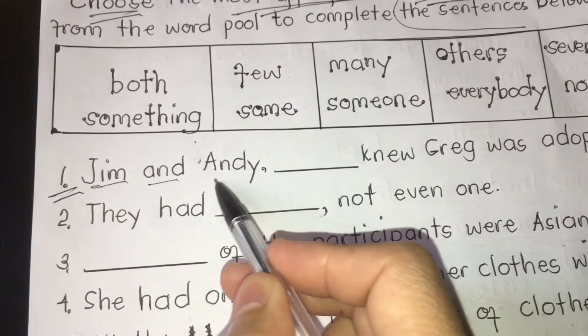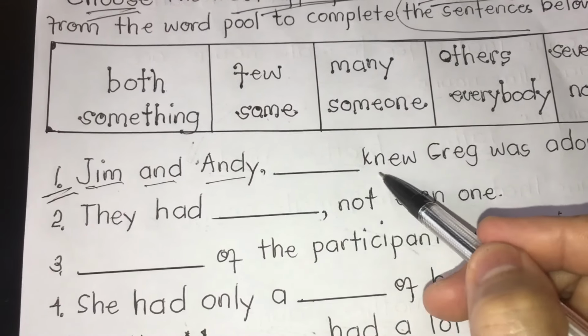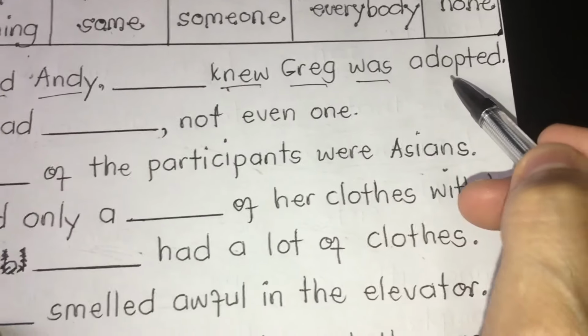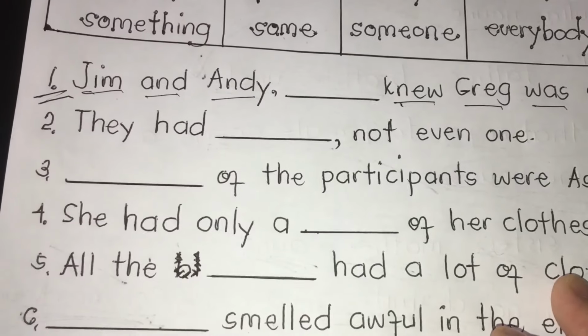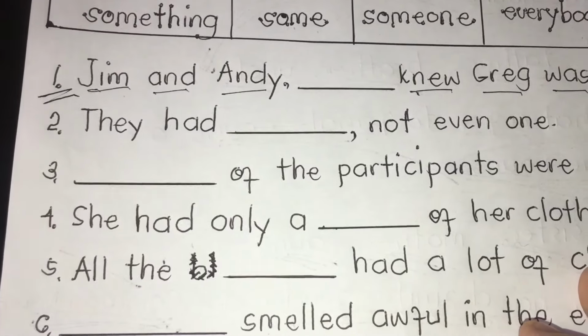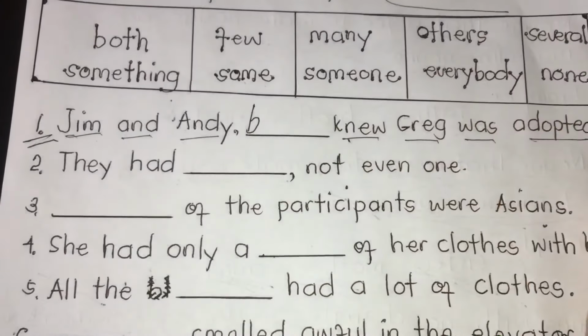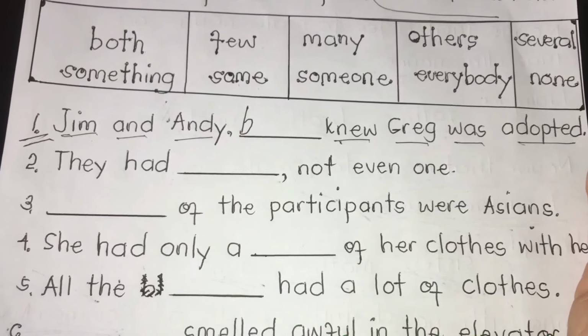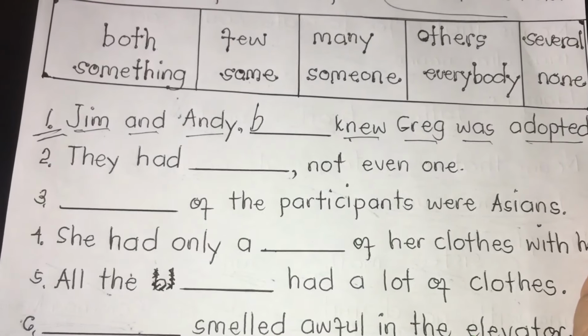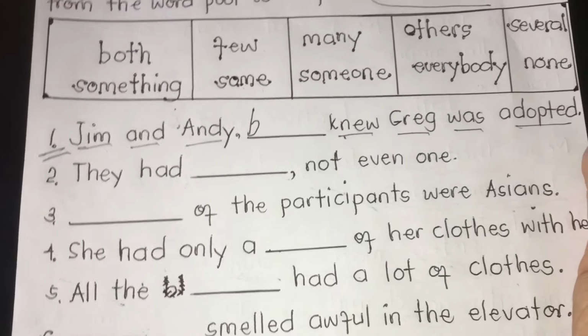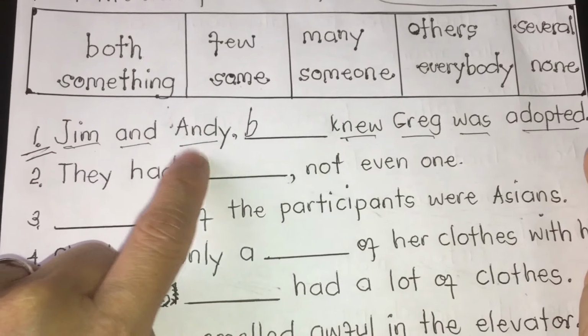Jim and Andy blank knew Greg was adopted. Now we are going to think what is the most appropriate indefinite pronoun for number one, because we're talking about two subjects, Jim and Andy. I'm going to give you a clue, class. Start with letter B. This word talks about Jim and Andy.